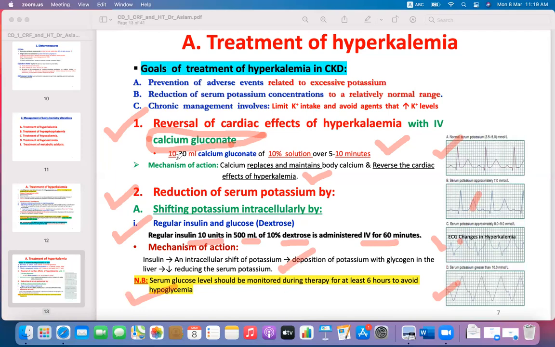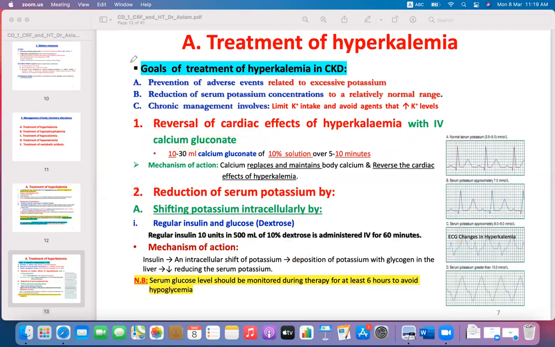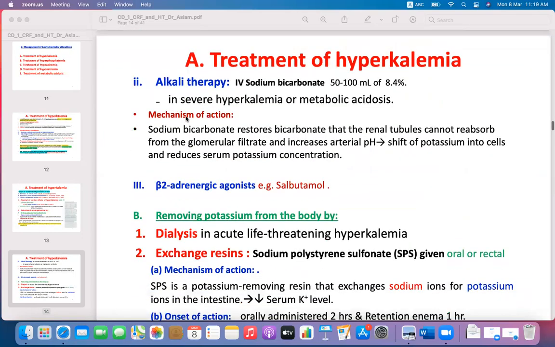So we need regular insulin and dextrose to reduce the serum potassium, and for the reversal of the cardiac effect, we need intravenous calcium gluconate. What about the alkali therapy? To reduce the serum potassium, we need intravenous sodium bicarbonate.